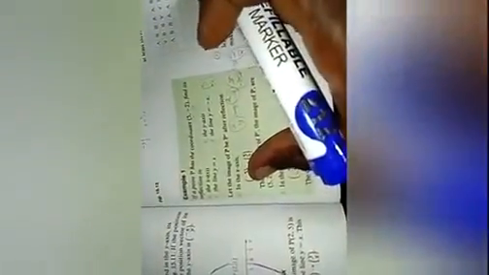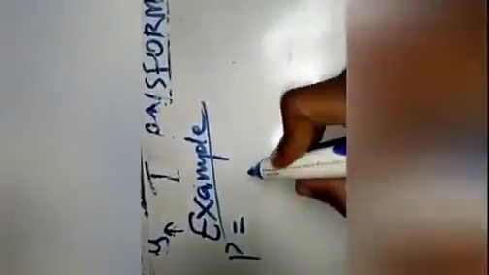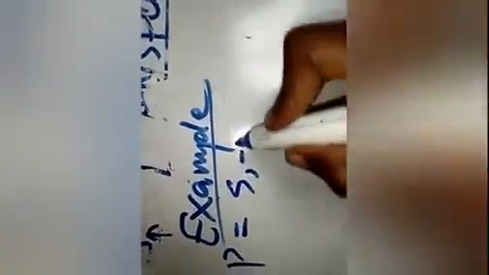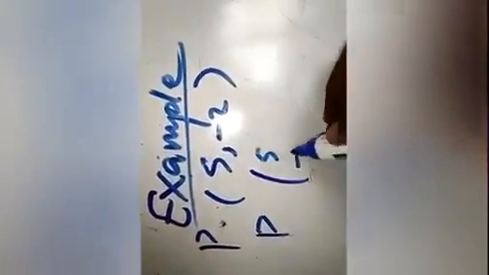Now let's work this example together. Let's work what we have in example 1 here. It says that if a point P has the coordinate 5, minus 2, find the reflection in the x-axis. So where P equals 5, minus 2, the matrix representation will be 5, minus 2.